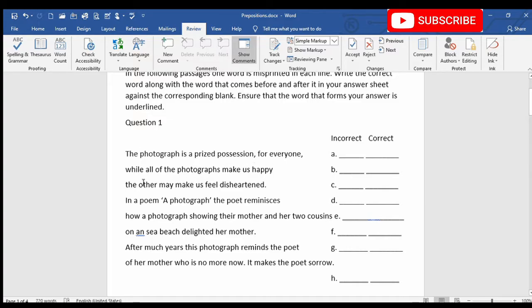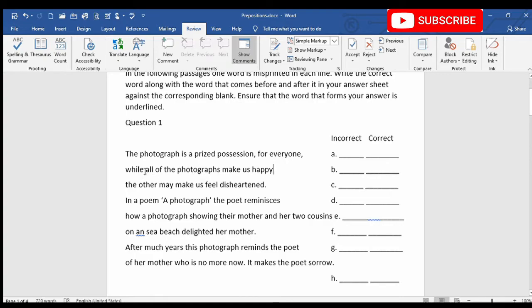Now let's move to the second line. While all of the photographs make us happy. If all the photographs make us happy, then from where will I get the other photographs? So here the mistake is in the word "all".